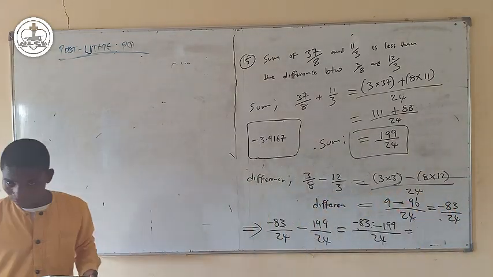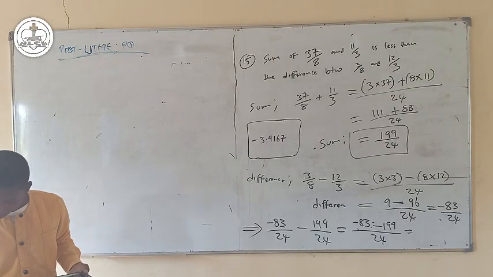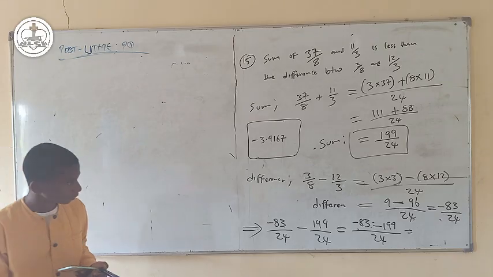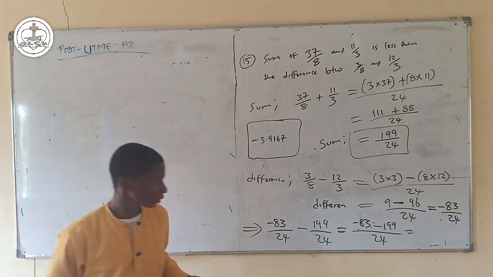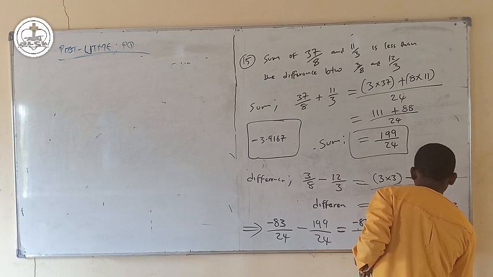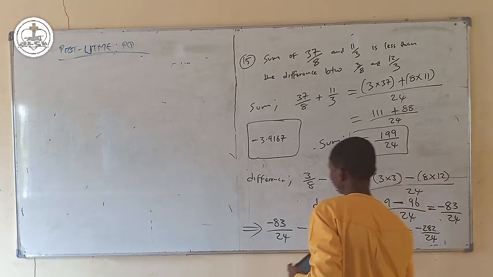Minus 83, minus 199, minus 282. Minus 282 divided by 24.